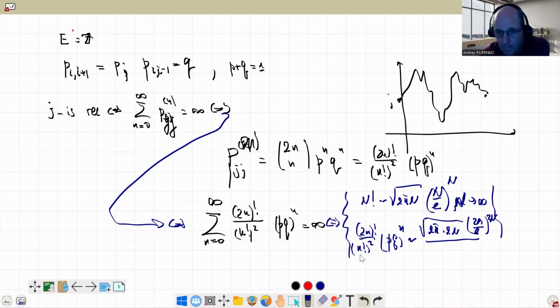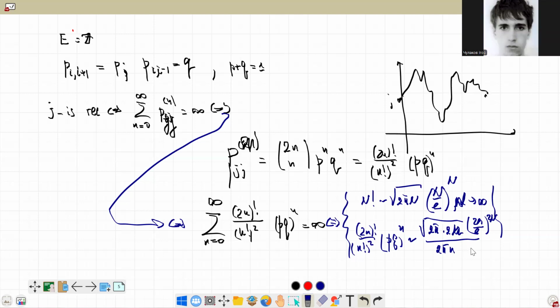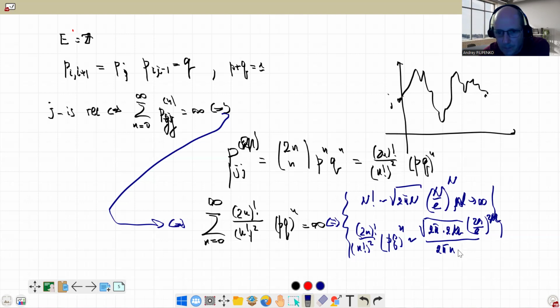Now the denominator, n factorial squared, so 2 pi n, without square root. The power also n. Times n over e to the power 2n and (pq)^n. Well, n to the power 2n, n to the power 2n, so you may cancel this n. Now e to the power 2n, e to the power 2n disappears.